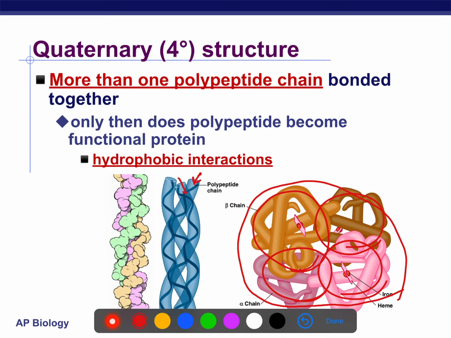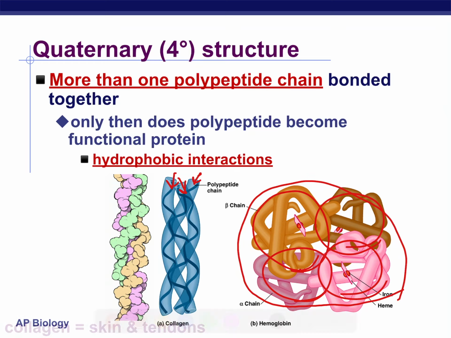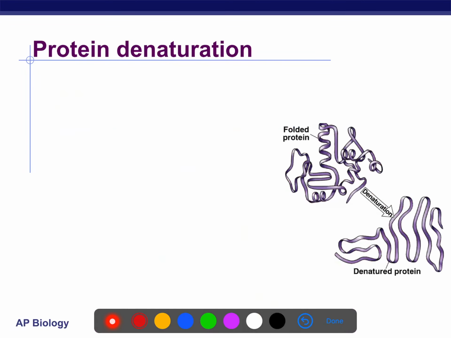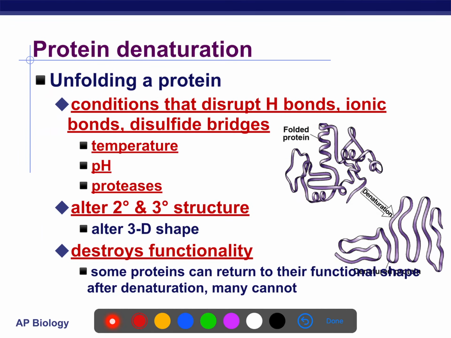If we're talking about something like collagen, we have 3 different protein chains that are all interwoven together to give collagen its quaternary structure. And again, these are going to be those hydrophobic interactions that orient these protein chains so that their hydrophobic amino acids are facing outward.